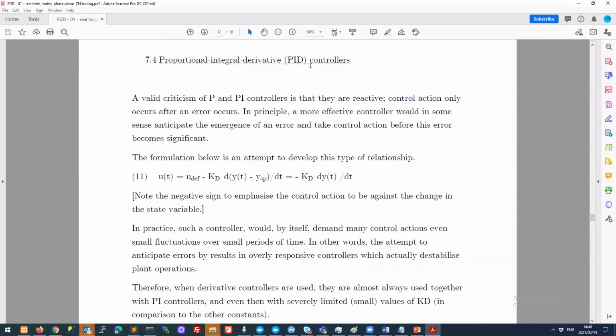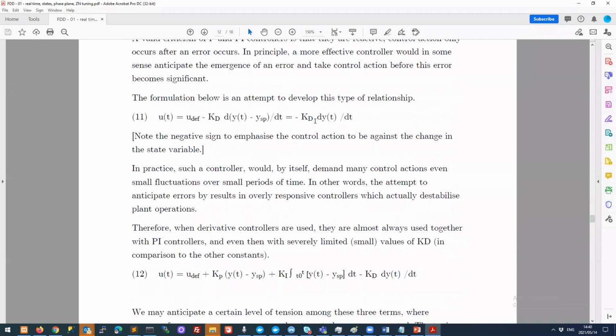And then PID, proportional integral derivative controllers, that's where you also use the derivative of the error. So you say, well, I don't want to wait for the error to happen. If I'm seeing that my state is moving away from my set point, then I can work out the derivative and say, well, before you go too far away, let me try and jump ahead of that and control my way out of it.